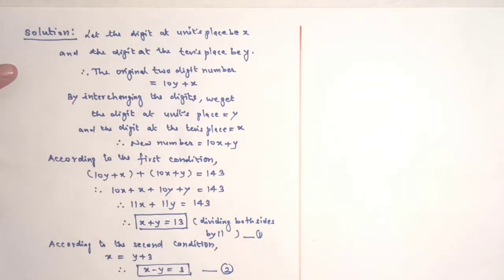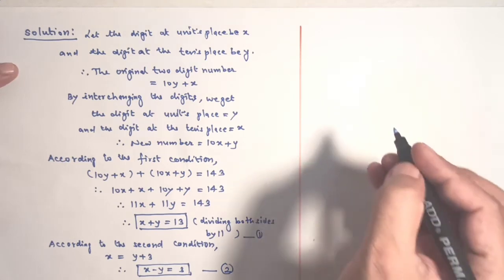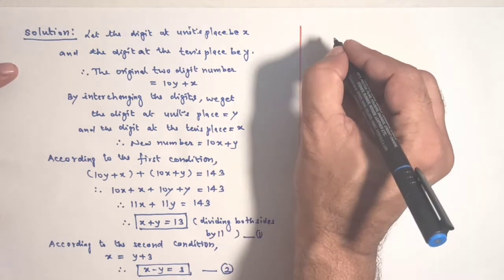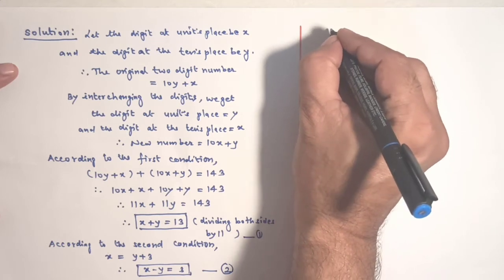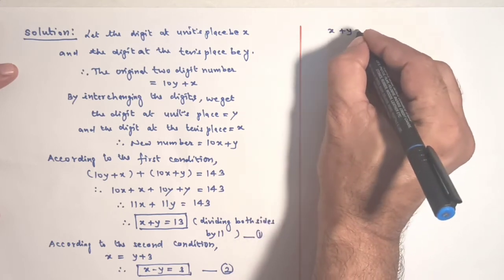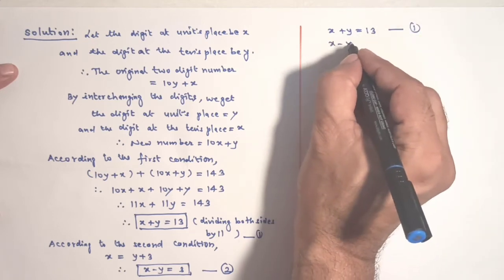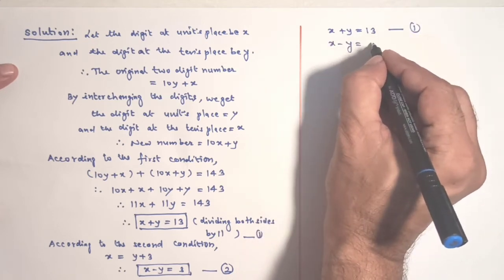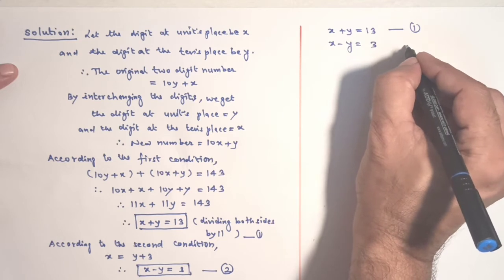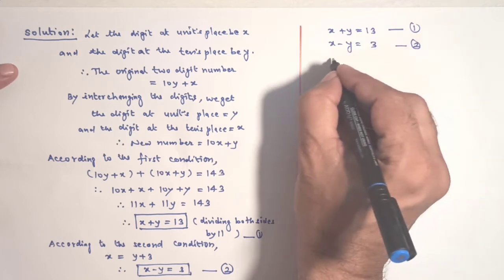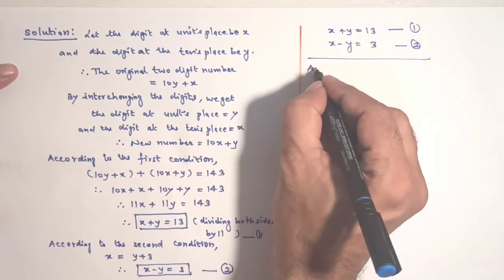Now we'll solve equation number 1 and 2 to get x and y. So I'll write here x plus y is equal to 13, which is my equation number 1. x minus y is equal to 3, which is my equation number 2, and I'll add.